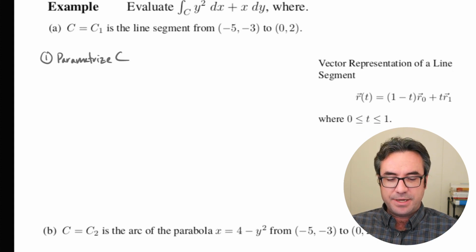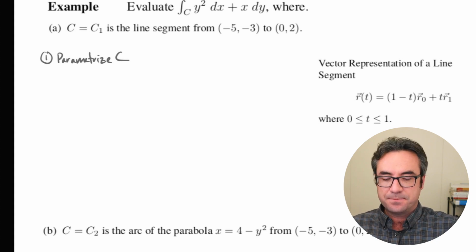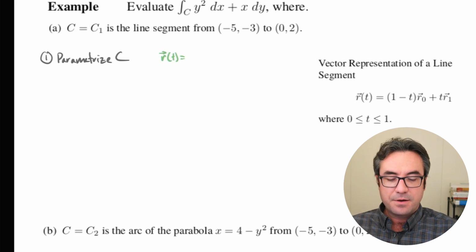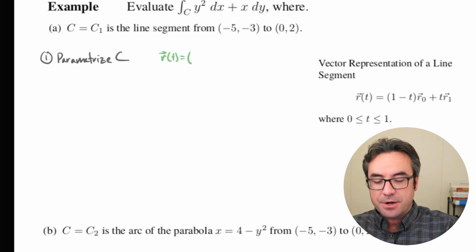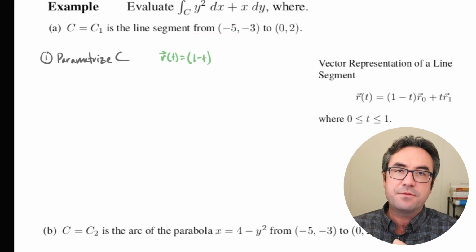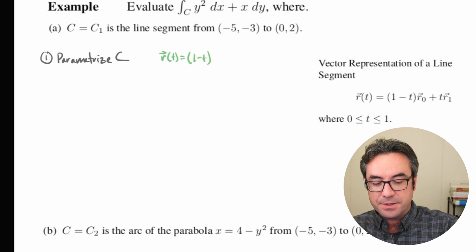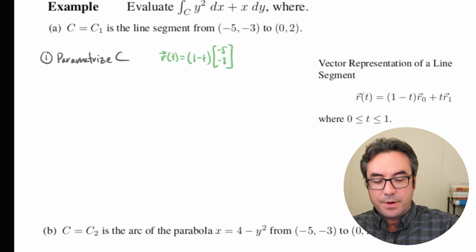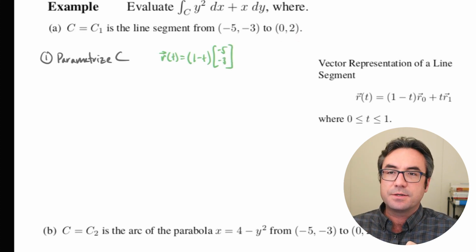So let's fill this out. This means r of t, if we fill in our points here, our starting point is -5, -3, and then our ending point is 0, 2.